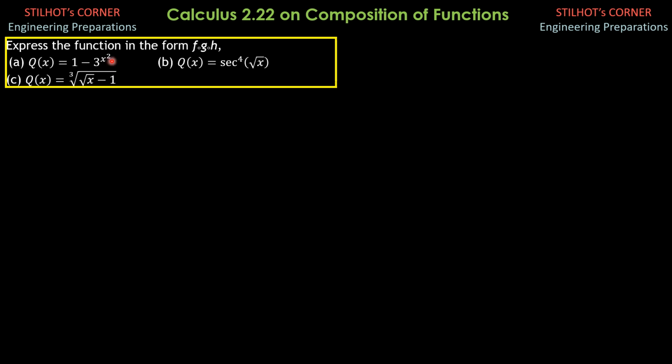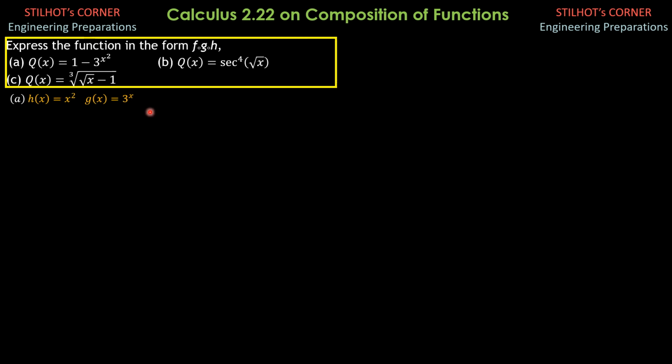H of x should be the outer function, which is x squared. So h of x should be x squared. Then g of x should be 3 to the x. G of x is 3 to the x, so that g of h of x is 3 to the, we replace x by x squared, so that's correct.